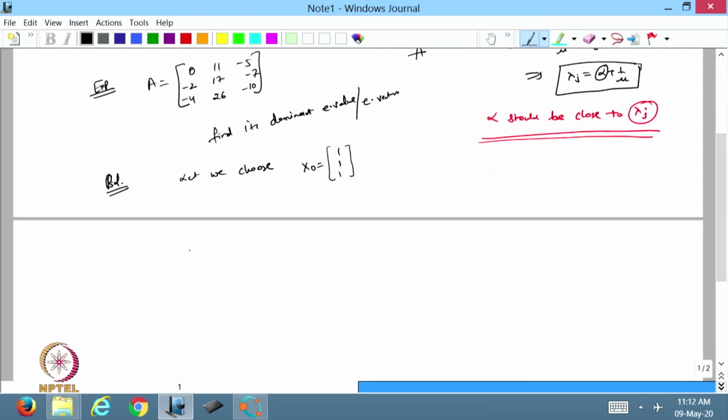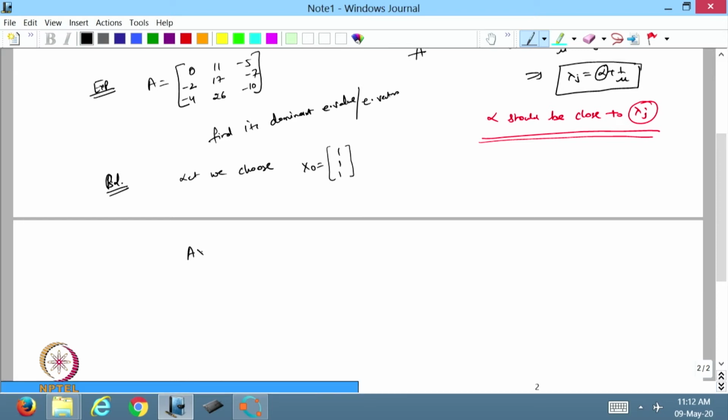Then I want to find A times x naught. So, this is the matrix 0, 11, minus 5, minus 2, 17, minus 7, minus 4, 26, minus 10, and I multiply it with x naught, the vector 1 1 1.